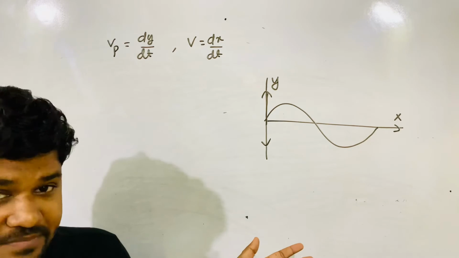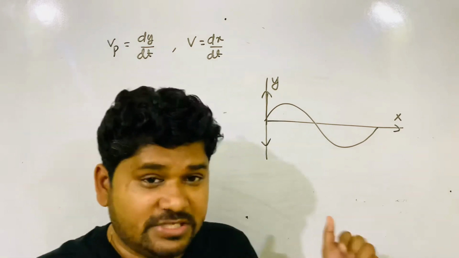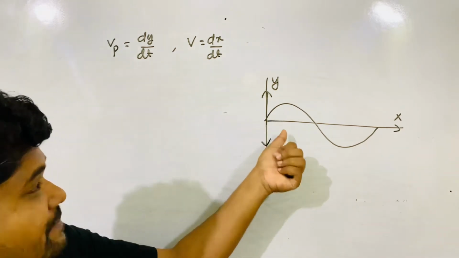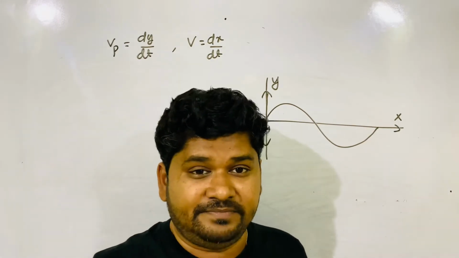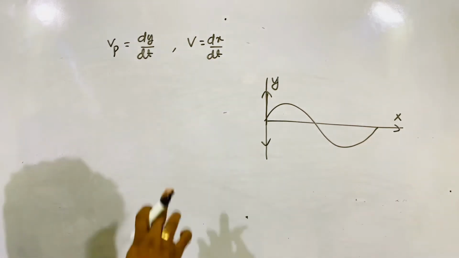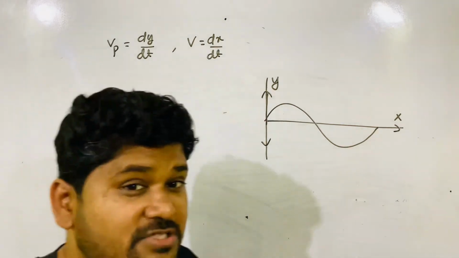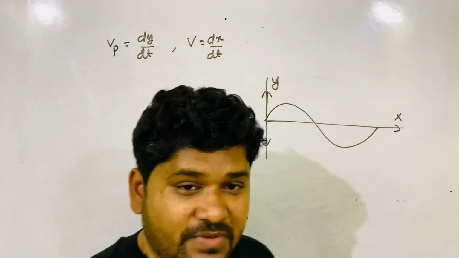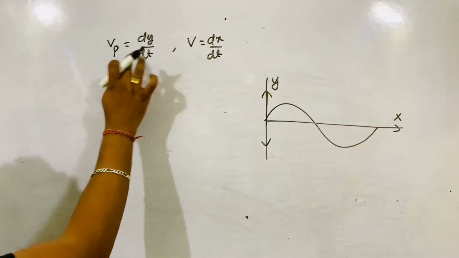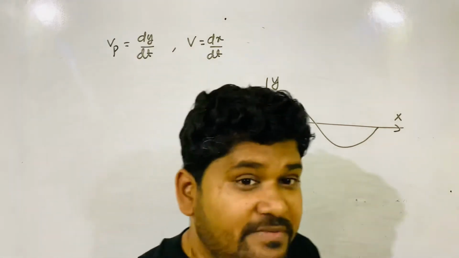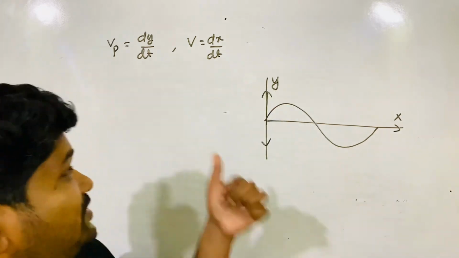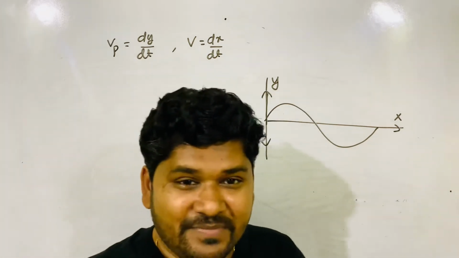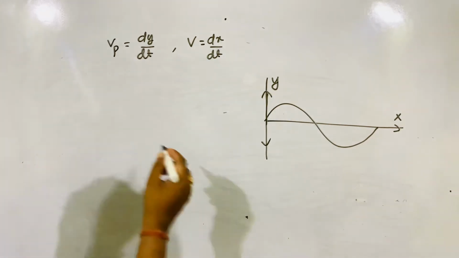But here the wave velocity always increases and is constant in a particular medium. When the medium changes, something different happens. So let's find the relation between these two velocities. In SHM there is only one velocity, the particle velocity. Let's find the relation. It's very easy.